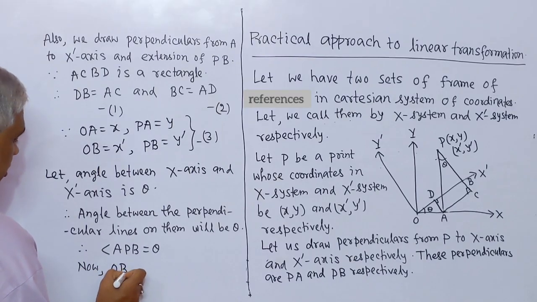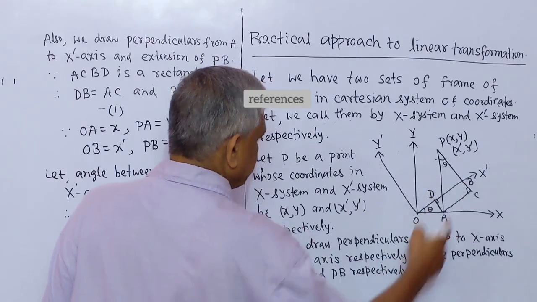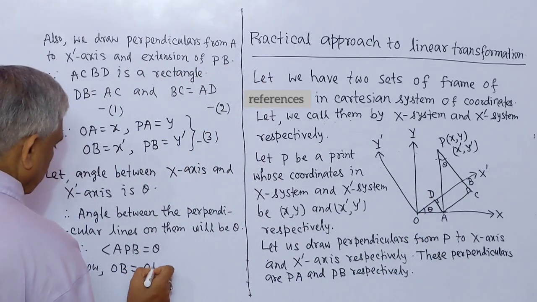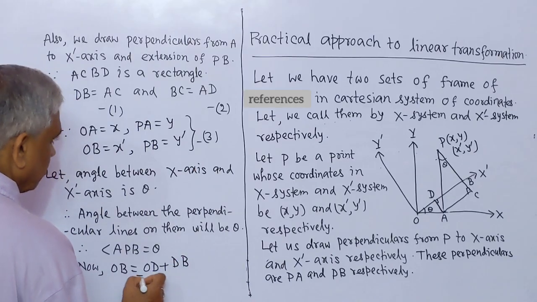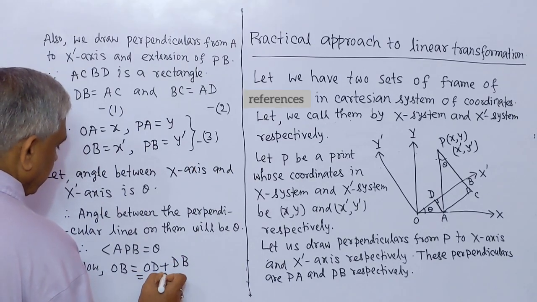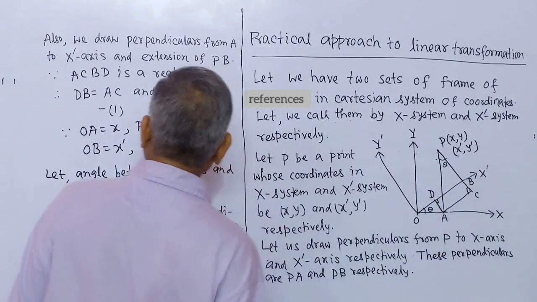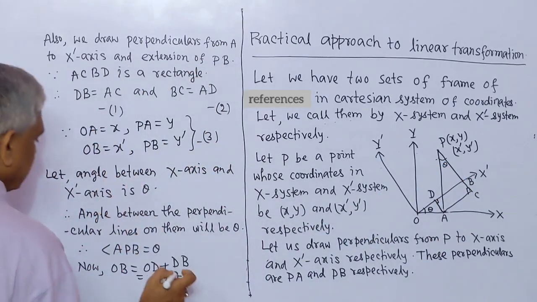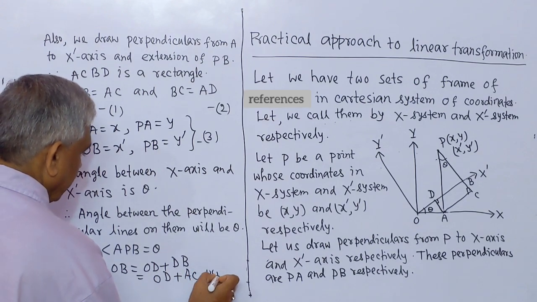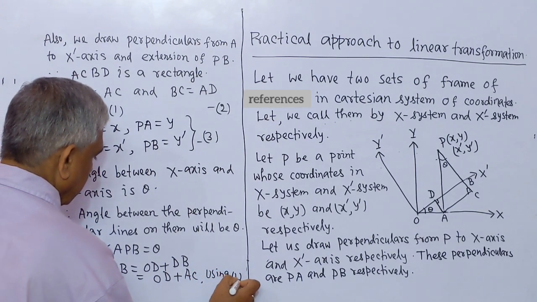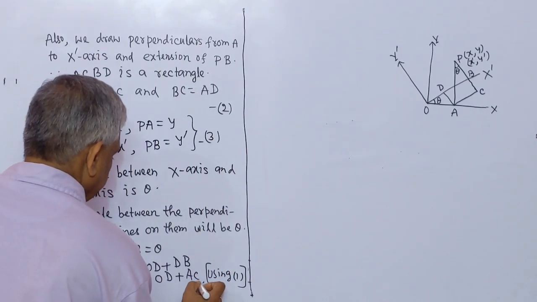Now OB equals OD plus DB, which equals OD plus AC. Here DB equals AC using 1. Let this be number 4.